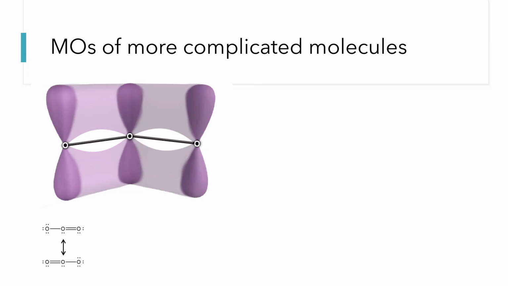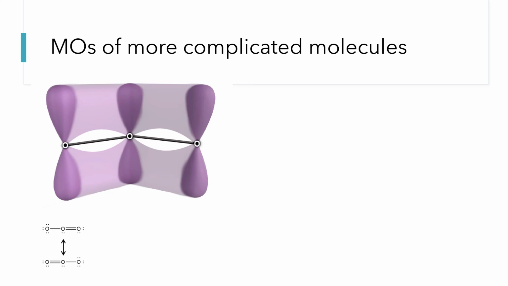If we take that unhybridized p orbital on each of those oxygens, because notice each one of those oxygens is either unhybridized or sp2 hybridized, so they'll all have an unhybridized p orbital available, and the lowest energy molecular orbital has all of those p orbitals overlapping side by side to create this molecular orbital that runs across the entire molecule.